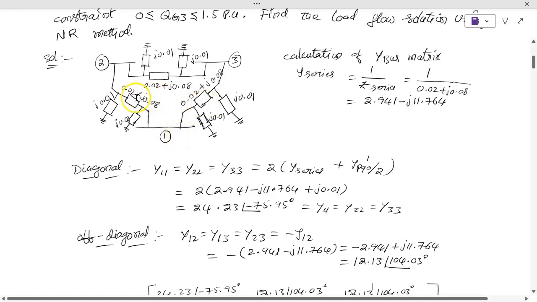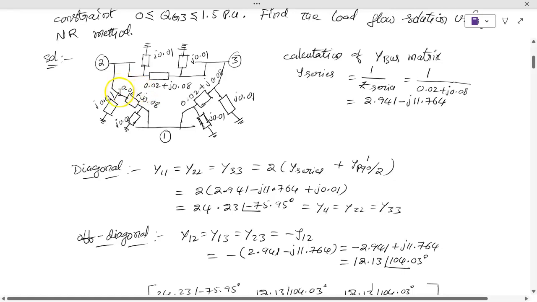That means the shunt admittance, half of the shunt admittance on this side and another half on this side, we need to add these two. That means 2 times half of the shunt admittance.